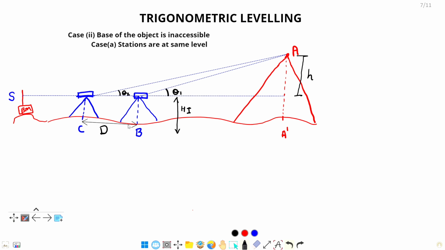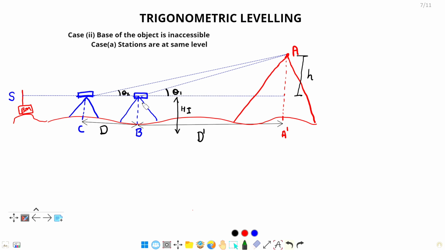We don't know this distance, so I am assuming it right now. I am assuming this distance may be d dash. Now keep it in mind, I am assuming it d dash. At the last I need to remove the d dash because I don't know what the value of d dash is.